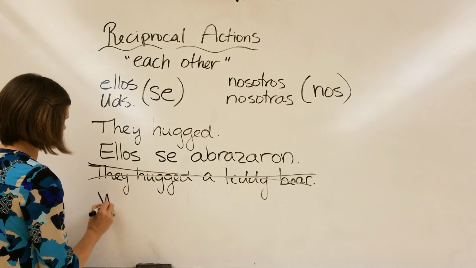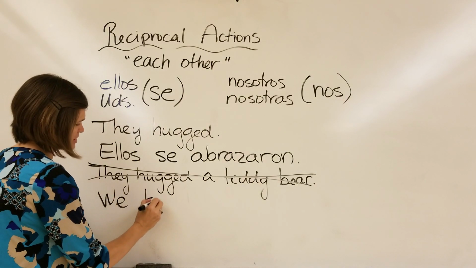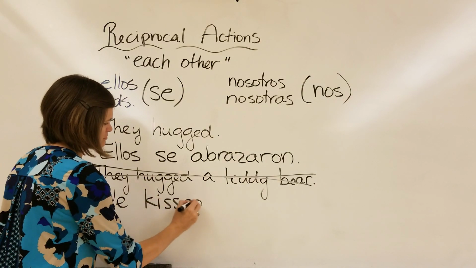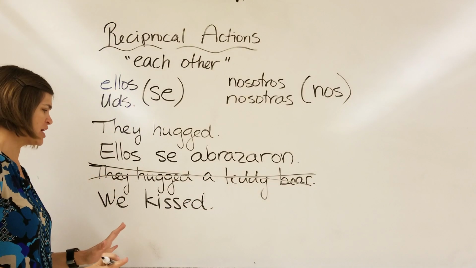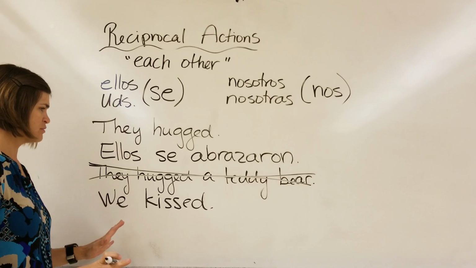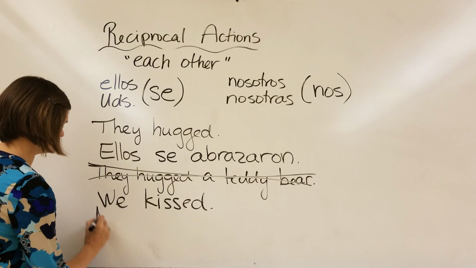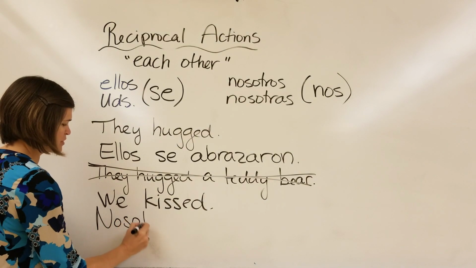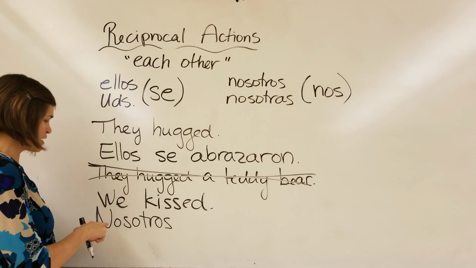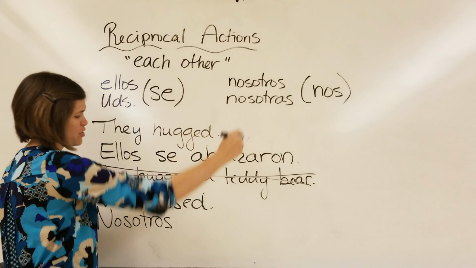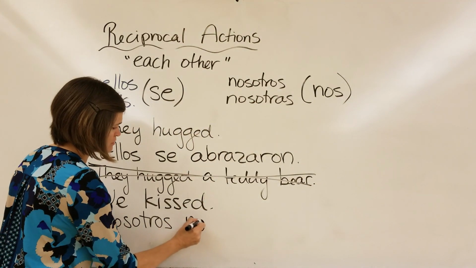Let's say we kissed. Once again, we kissed each other, but that's implied. We could put nosotros if we want, or we could skip it. We do need the pronoun though. For nosotros, we're going to use the pronoun nos.